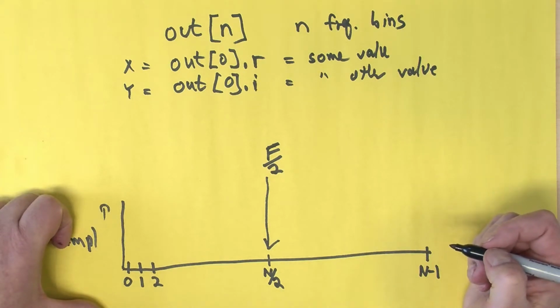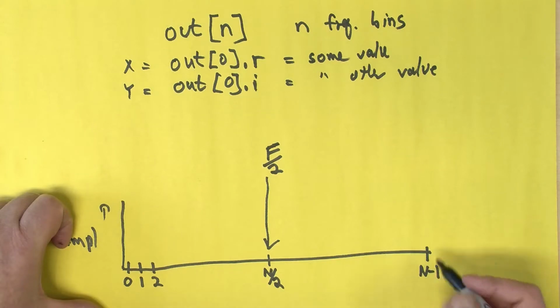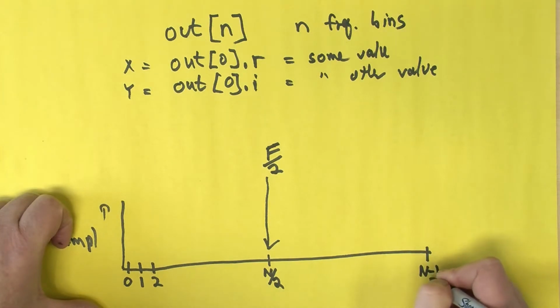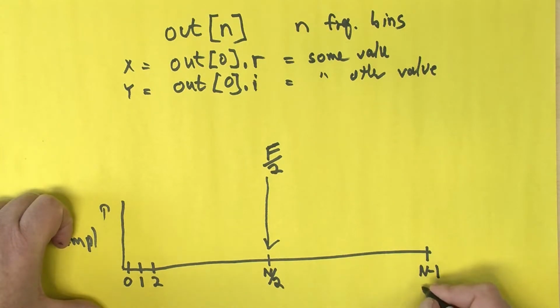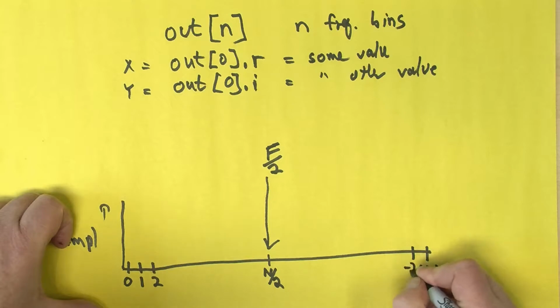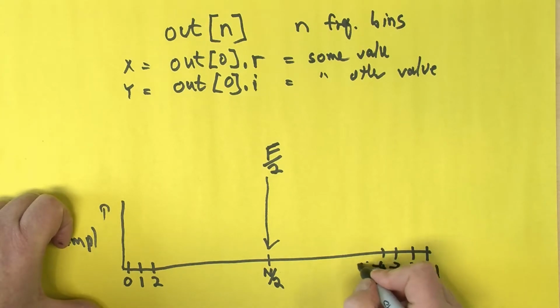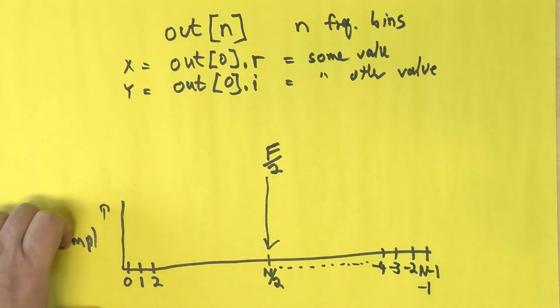And it turns out that if these bins, we'll call them frequencies 0 and 1 and 2 and so forth up to n over 2, over here we have n-1 corresponding to a frequency of -1, and then the next bin corresponding to a frequency of -2 and -3 and -4, all the way up to here.